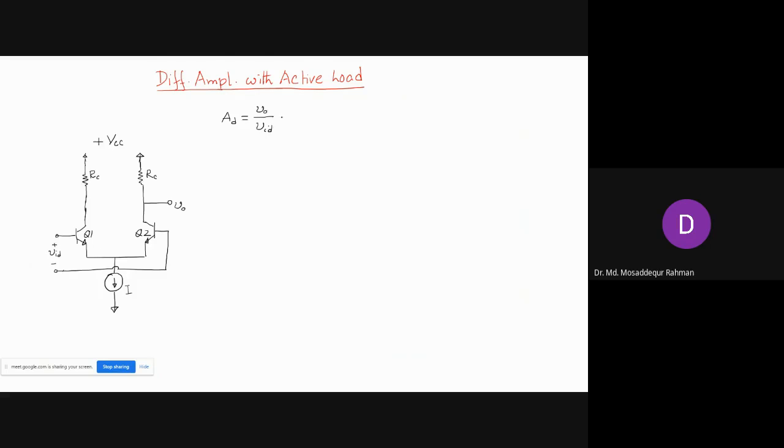Do you remember what the gain is? GmRC. Oh, half GmRC then. Right, it's half GmRC because we are taking the output from the single node.